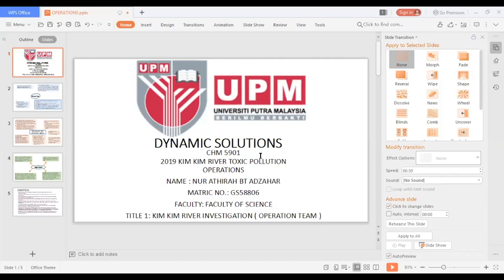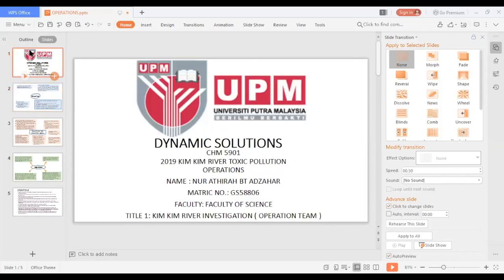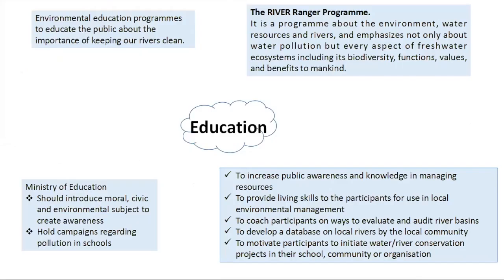For my part, it's about the operations team: what my team should do to prevent this incident from occurring again. From education, we can have environmental education programs to educate the public about the importance of keeping our river clean, and also the river ranger program.